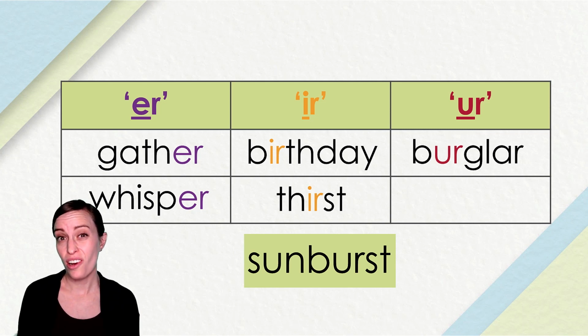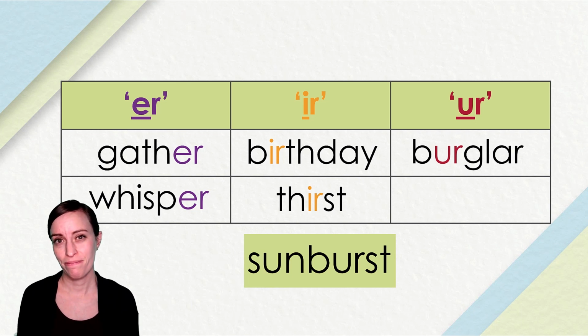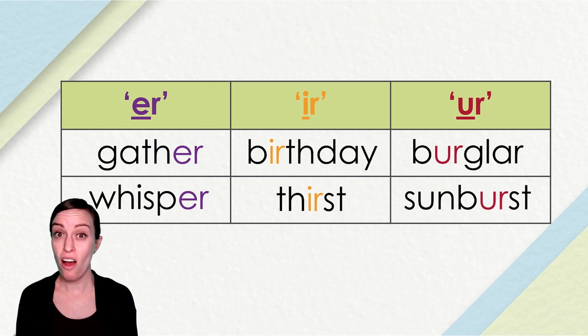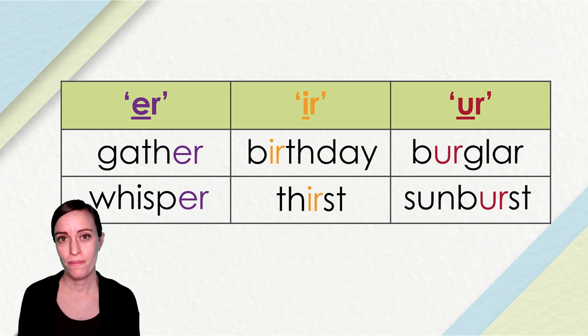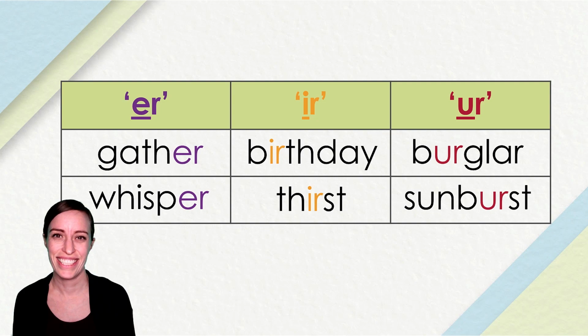I hear the sound in the second syllable. Sunburst. What's happening in this word to get the sound? It's that R controlling the U. That is how we hear the sound in burst. Excellent job sorting those words with me.